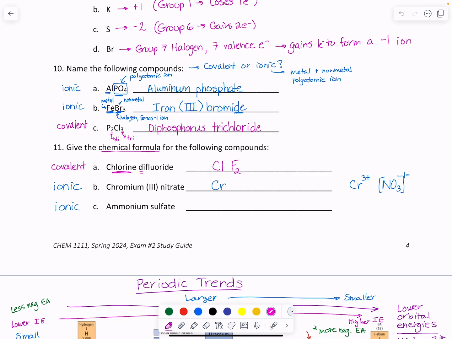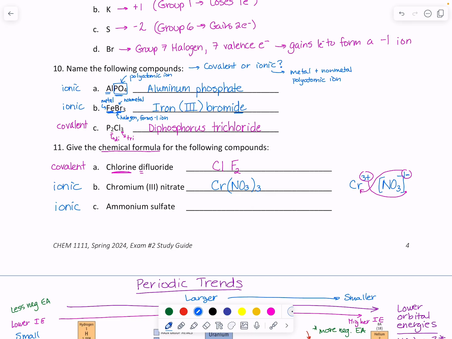The other thing to remember is that whatever the charge on the ion is, it becomes the subscript on the partner's chemical symbol in the chemical formula. So the 1 would go with the chromium, and then NO3 is going to have to go in parentheses because that acts as a unit, with a 3 subscript on that. So that's the formula for chromium 3 nitrate.